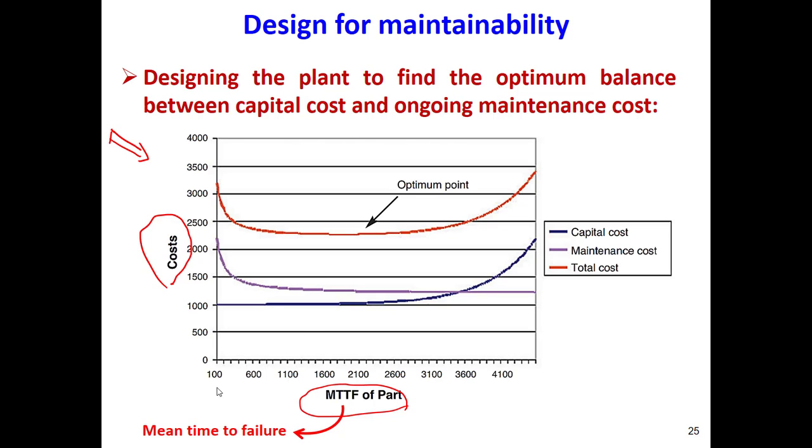It can be days, it can be weeks, it can be years. Mean time to fail is the time that the equipment or part will fail. For that part, the capital cost at early age is not increasing, because let's say inflation is constant.